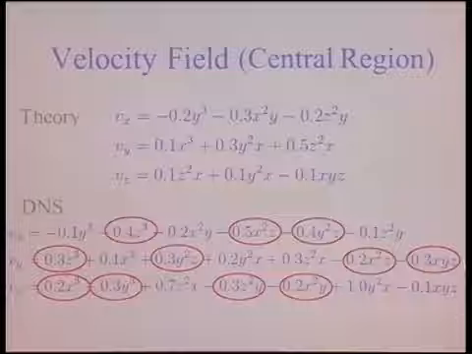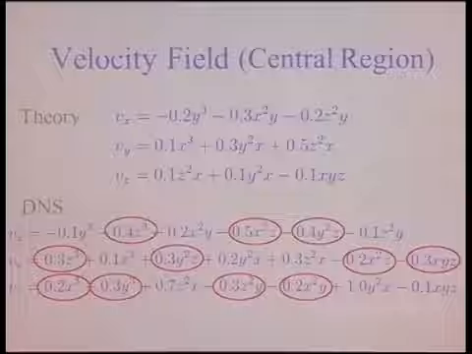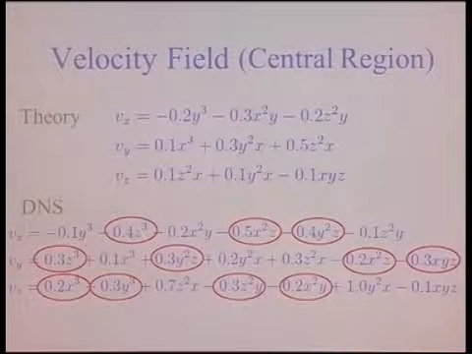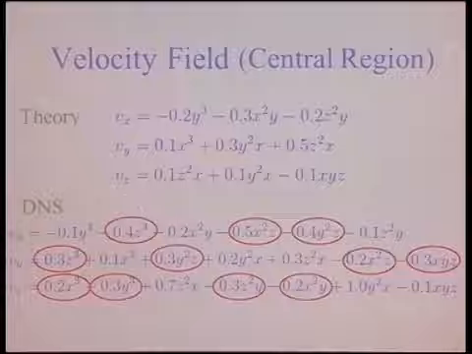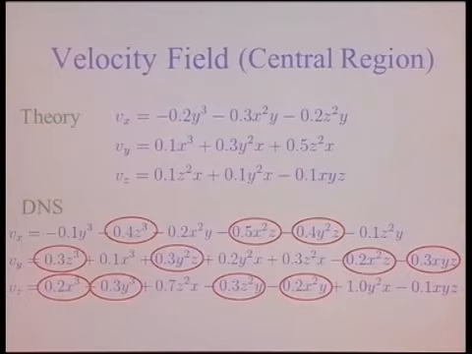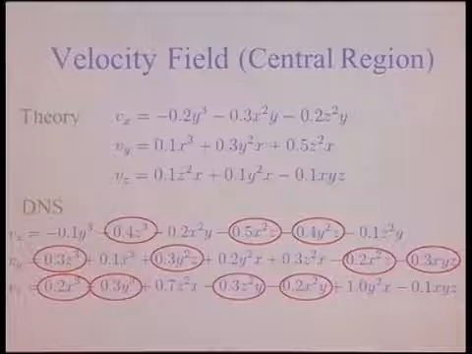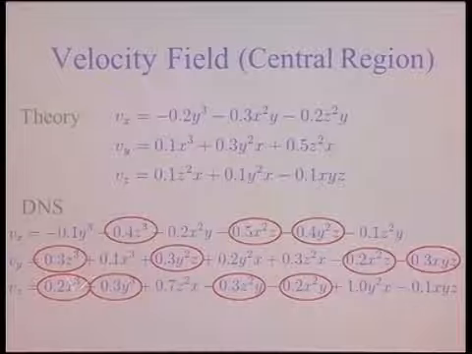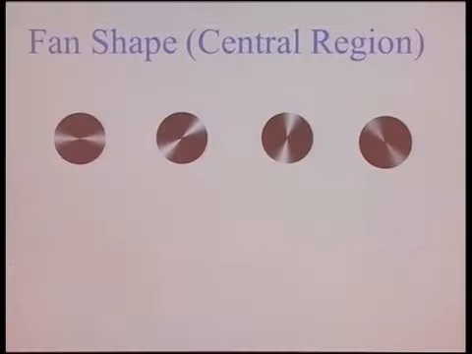This comes from DNS. So these circled terms are missing here. So we calculate the bright pattern using only these terms. Then we get this.